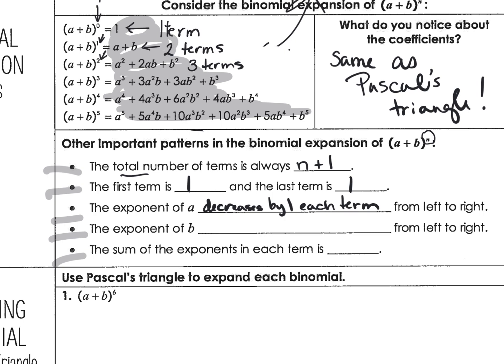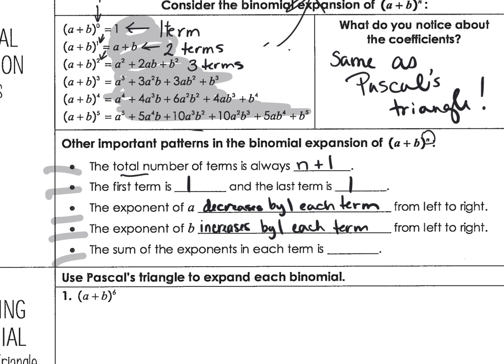So B to the 0, B to the first, B to the second, B to the third, B to the 4th, we end with B to the 5th. So while the first guy's exponent starts high and goes down by 1, the second one starts at 0 and goes up by 1. So there's a pattern there every time. So the exponent of B increases by 1 each term.